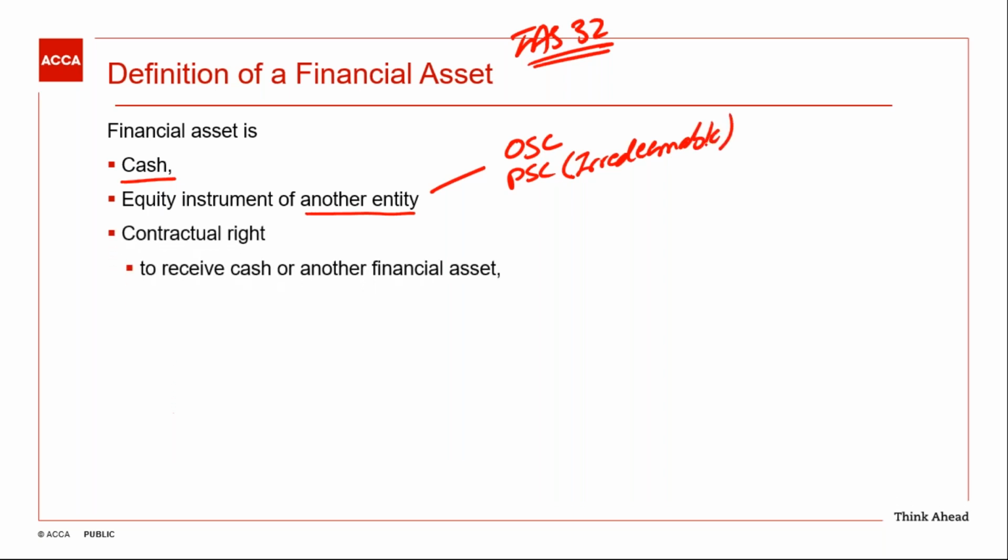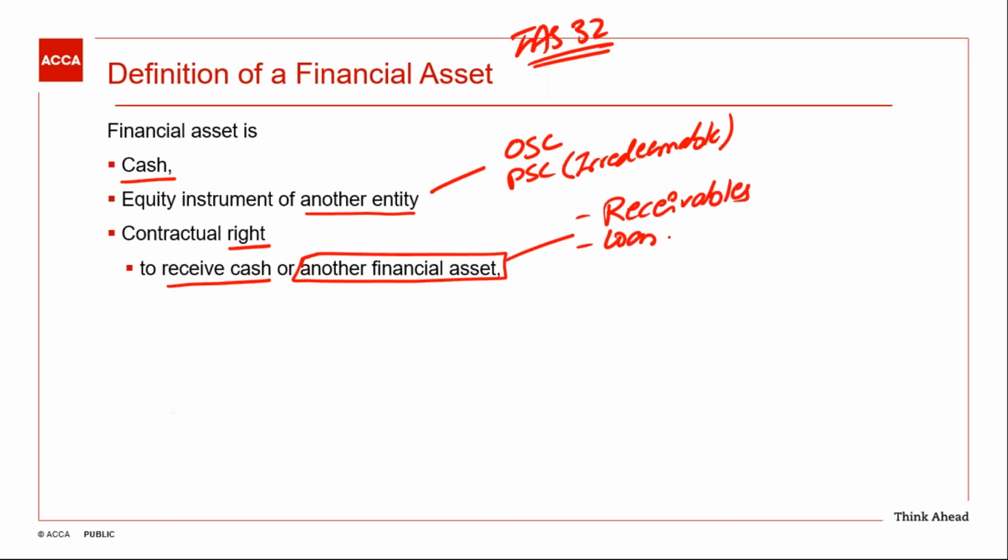Apart from that, if we have a contractual right to receive cash or another financial asset, that is also called a financial asset. The examples of this are basically trade receivables, and the loan notes or the debentures that we have acquired.